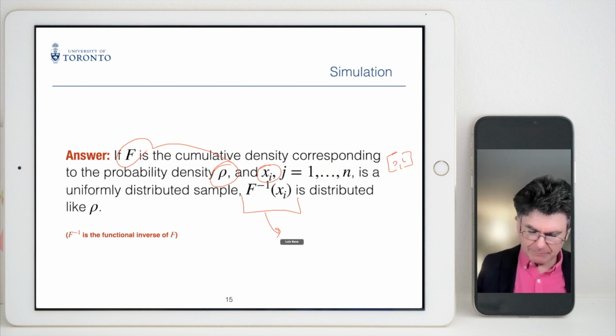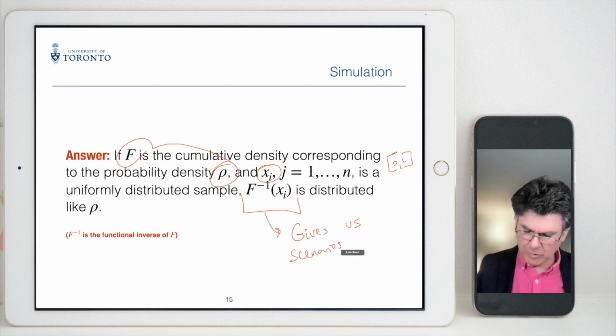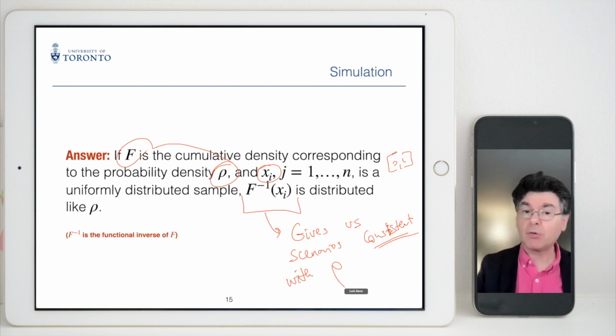This will give us scenarios in the future which are consistent with a certain observed probability rho, for example. That's how we do it. Is that clear?